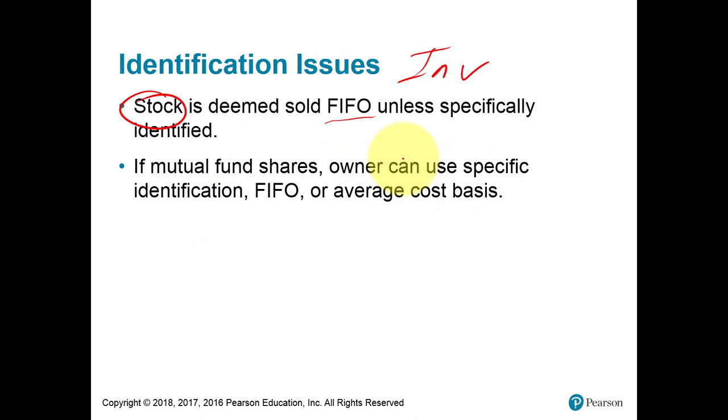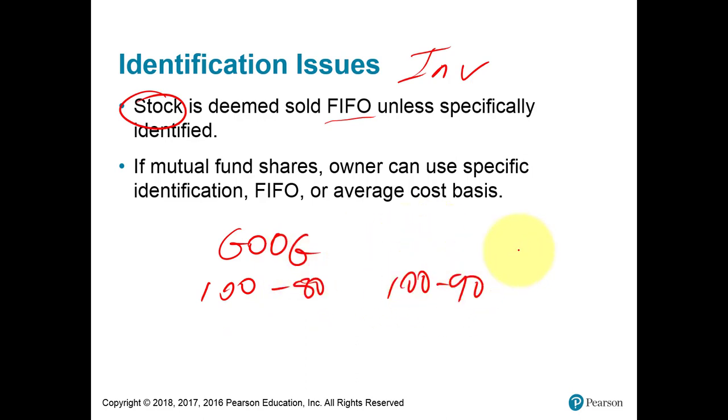So real simple if you buy and sell everything of one of that company's shares. But if you buy, let's say, Google stock, Alphabet, and you buy 100 shares at, let's say, $80, and then you buy some more, 100 shares at $90 and 100 shares at $100, and you sell just 50 shares, what costs are you going to use?